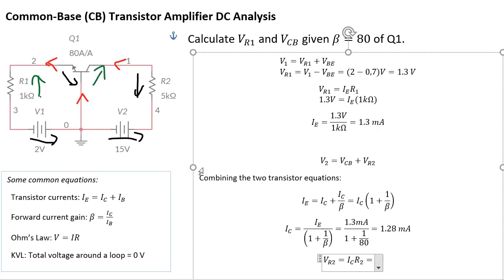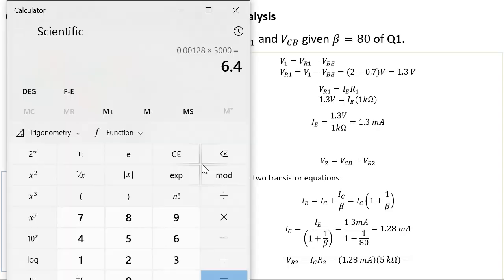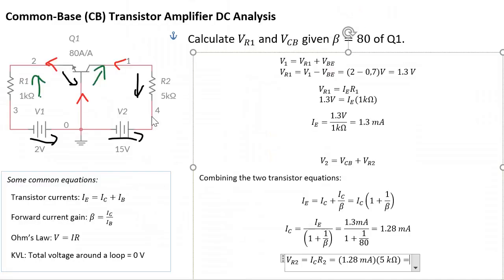That's 1.28 milliamps multiplied by 5 kilo ohm, so 0.00128 times 5,000. That's going to equal 6.4 volts.